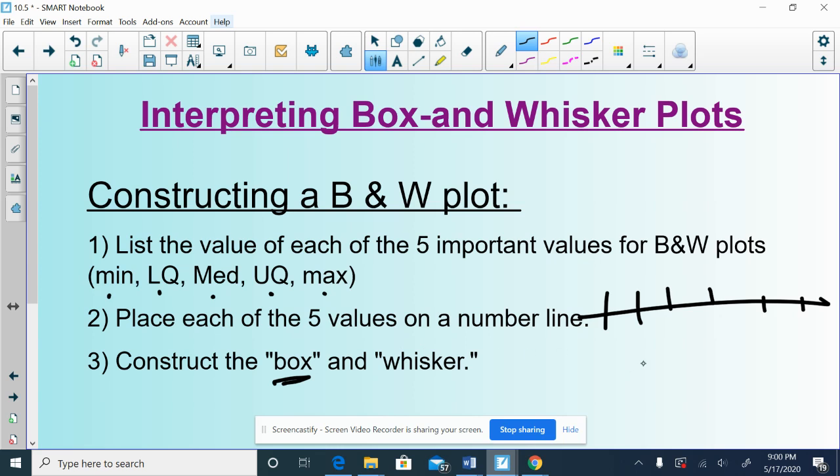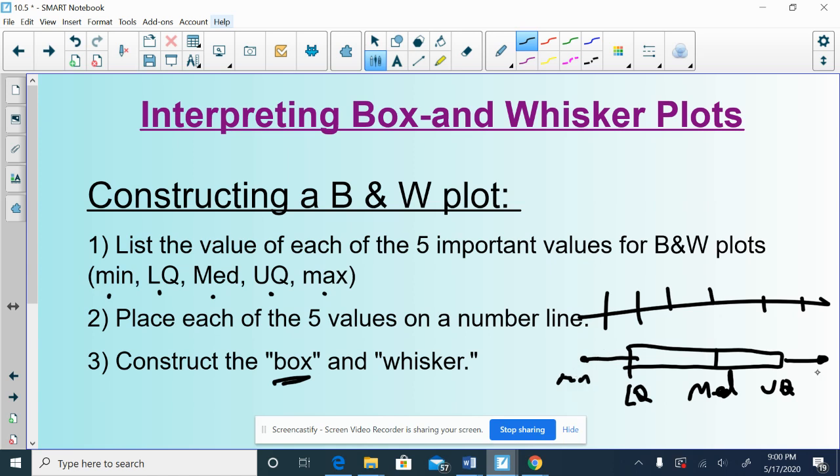The box goes from the lower quartile to the median to the upper quartile, so it's a rectangle with a line at the median. Then, let's say this was the minimum value, and whiskers go to the minimum value and the maximum value. And that's the shape of a box and whisker plot.